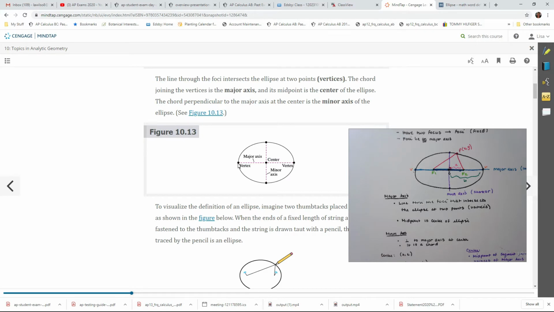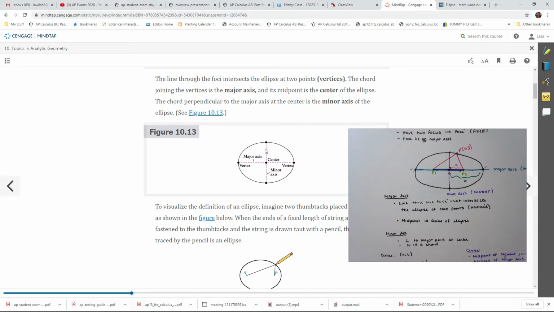So this is a vertex, and together they're vertices. So this is the line that passes through both foci. So there's foci here somewhere along this line, because they have to be on the major axis, pass through the foci and intersect the ellipse at 2 points, this point and that point, called the vertices.